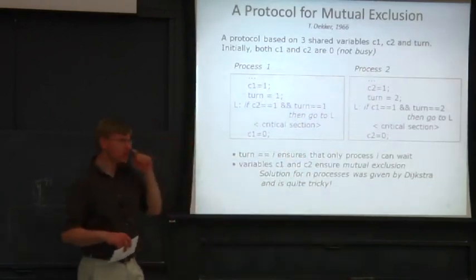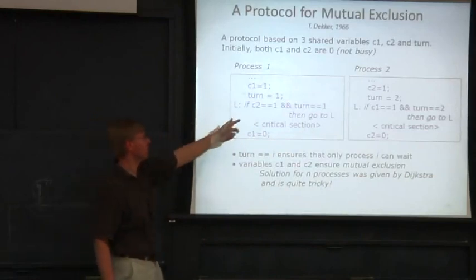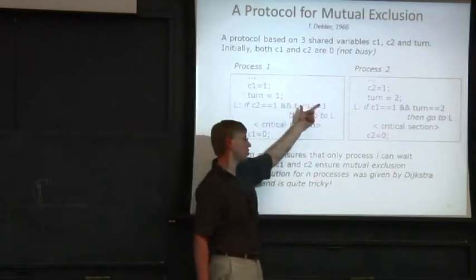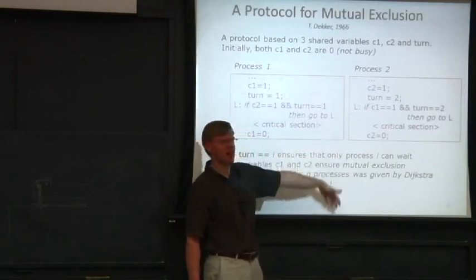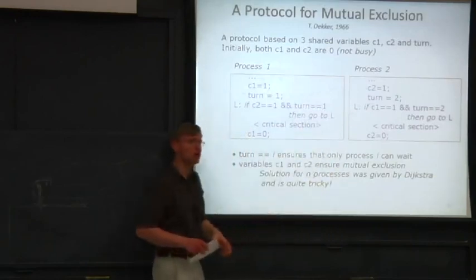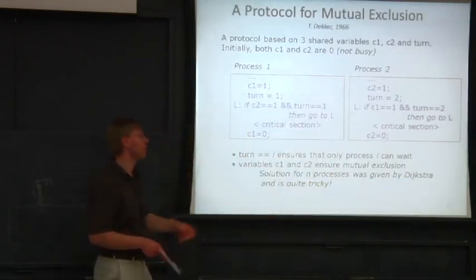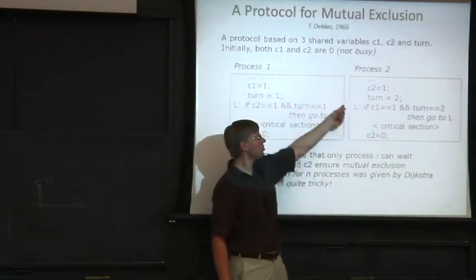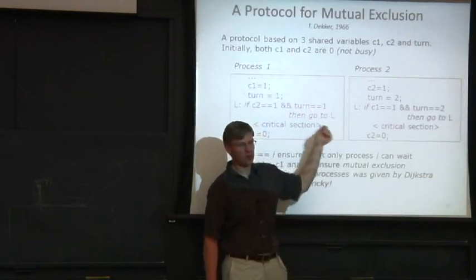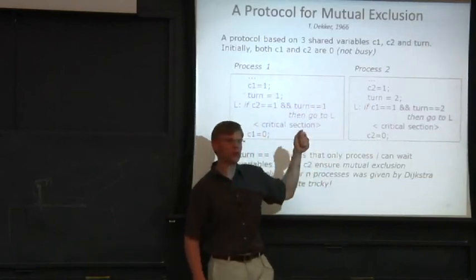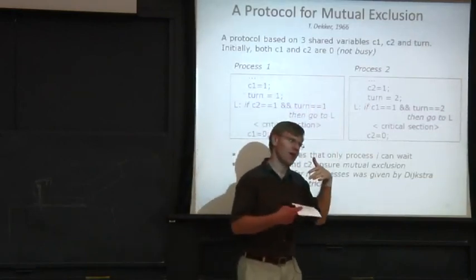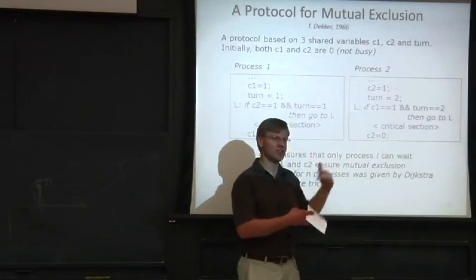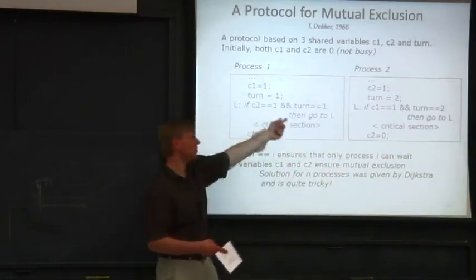The tiebreaker is interesting here because it actually does two things. It's a tiebreaker, and we'll see how it is able to solve some problems around starvation. But the turn variable, because it's a shared variable and we're sequentially consistent, is going to be written last by either the left side or the right side.